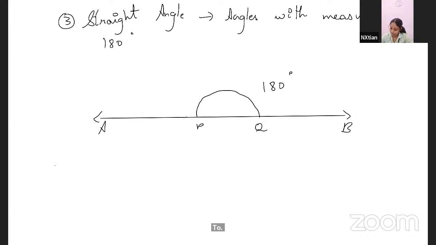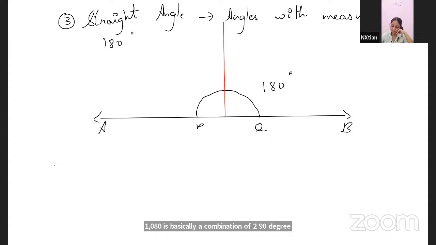Suppose if I make a 90, then 180 is basically a combination of two 90-degree angles. One 90-degree angle is being formed here, and one 90 degrees is being formed here. Together, both of them make a 180-degree angle.